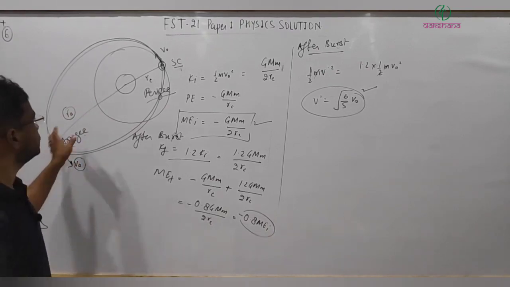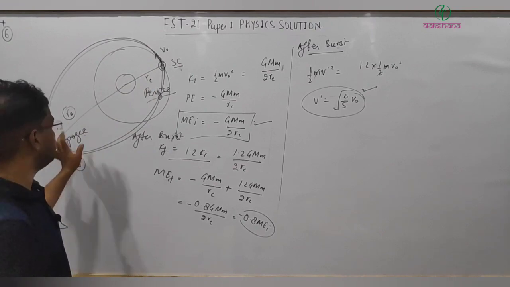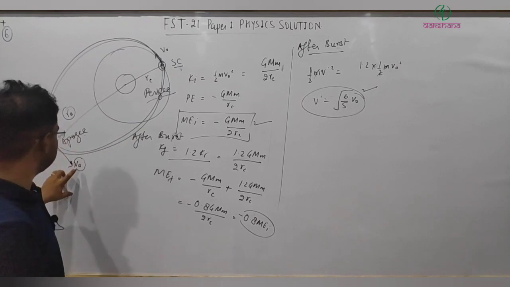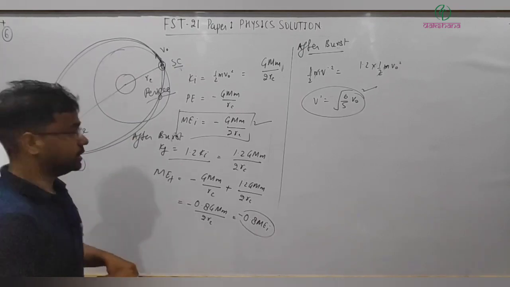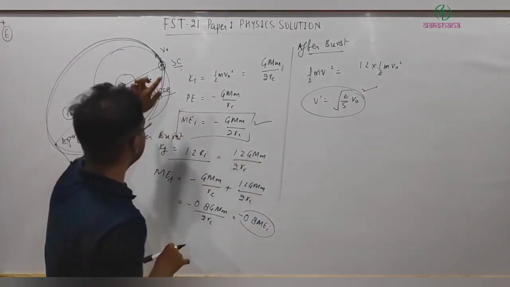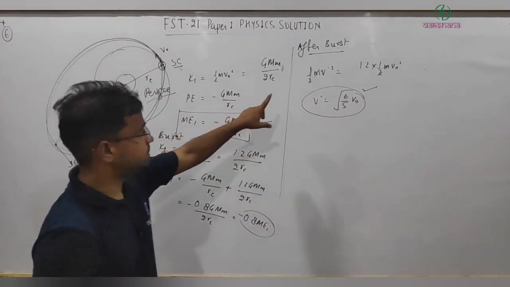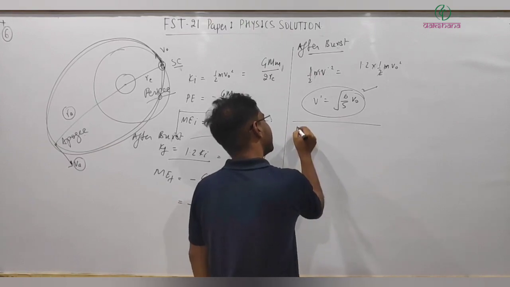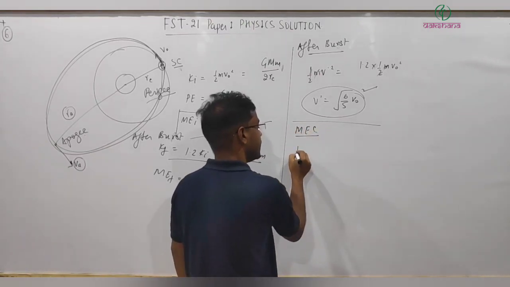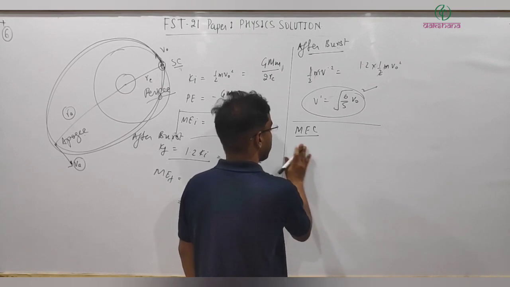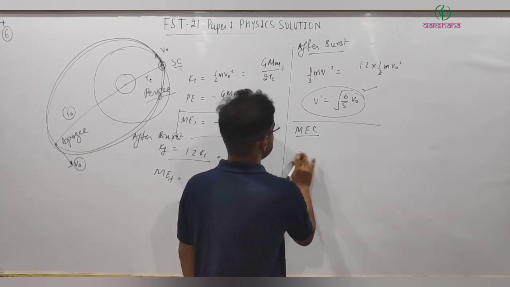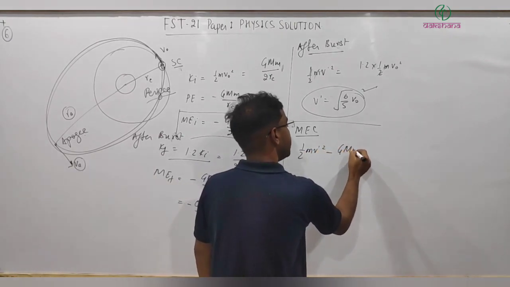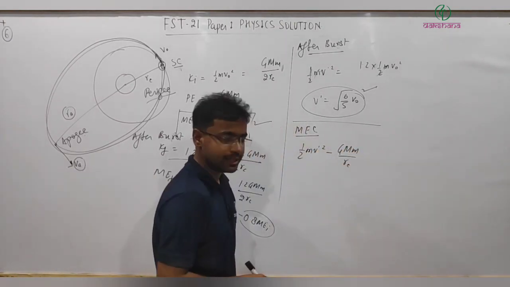Then I can use conservation of energy and conservation of angular momentum. Then I will get the relation for this and this actually. So compared to this point after the burst, conservation of mechanical energy gives half m v prime square minus G M m divided by RC initial.